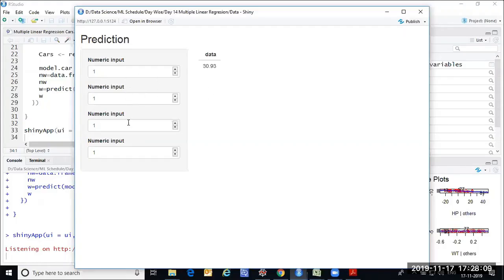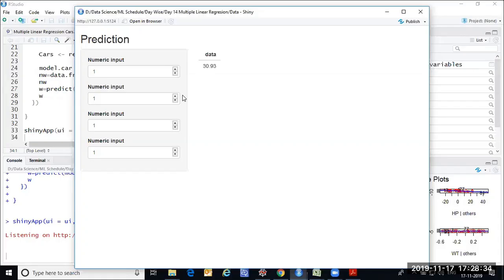All these 4 input variables, their names and variable names, everything you can change as per the business problem you are solving. When all these values are 1, 1, 1, the predicted value based on the regression equation that you built is 30.93.